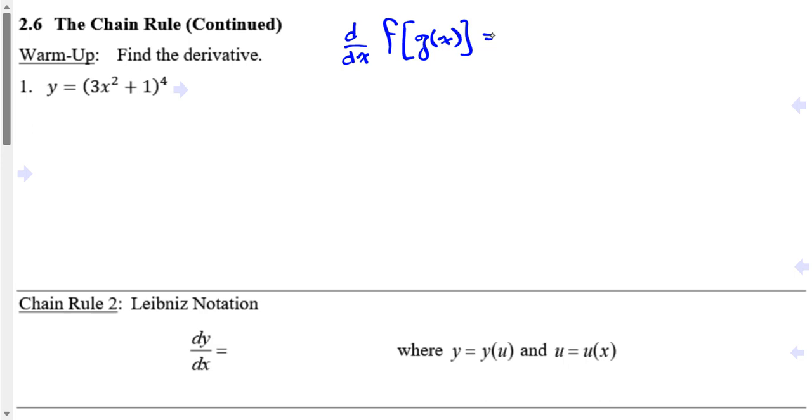How did it start? Yeah, d out, in, d in. There we go. So d out was the derivative of the outside function. That's the d out, and then the in is we keep the inside.